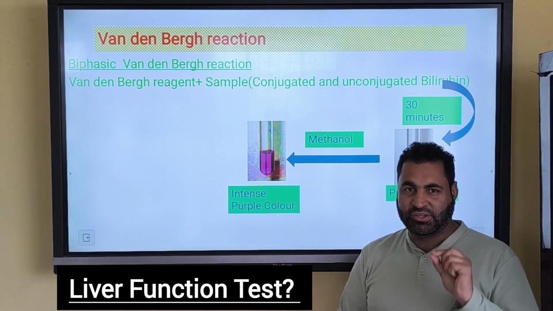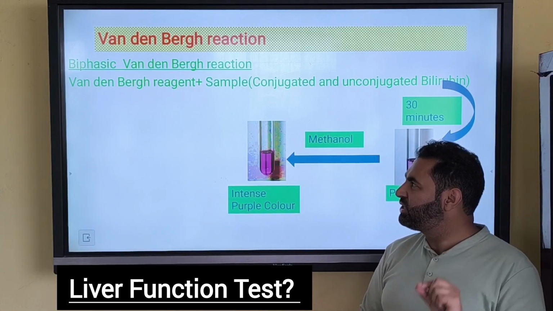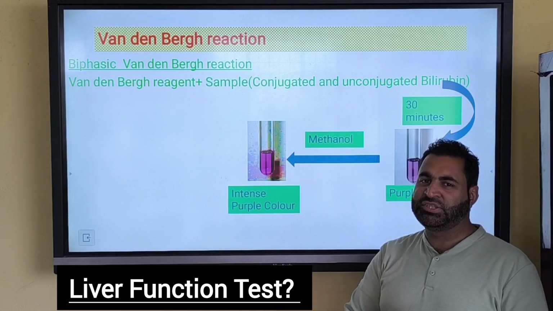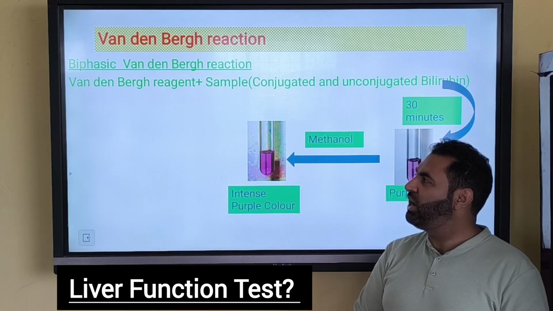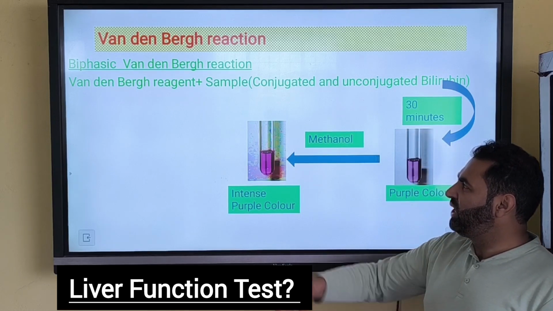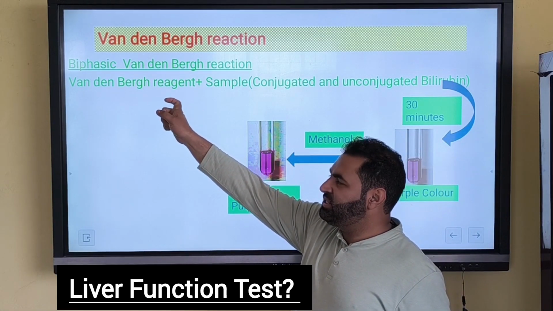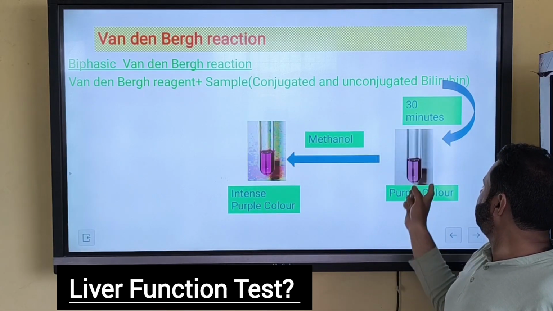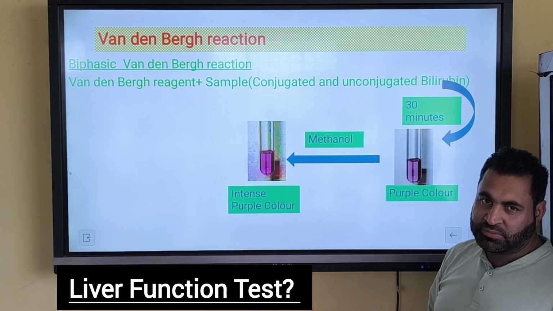So I will repeat it. In biphasic Van den Bergh reaction, what are we having? We are having a sample that is having both conjugated and unconjugated bilirubin present. So once Van den Bergh reagent is provided, we get a purple color in 30 minutes.